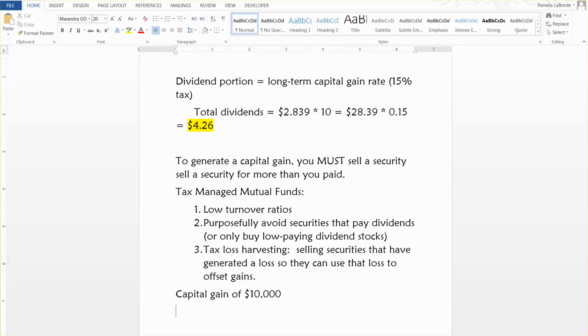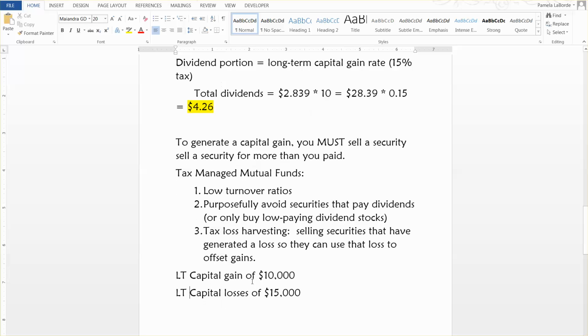And I do also have some capital losses of, let's say, $15,000. And let's say these are all long term. I can use 10,000 of this 15,000 to offset all of my capital gain.